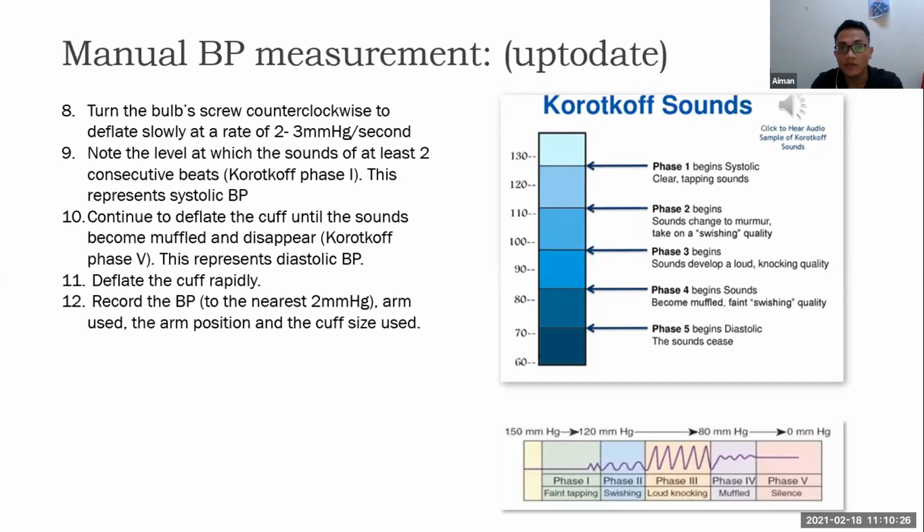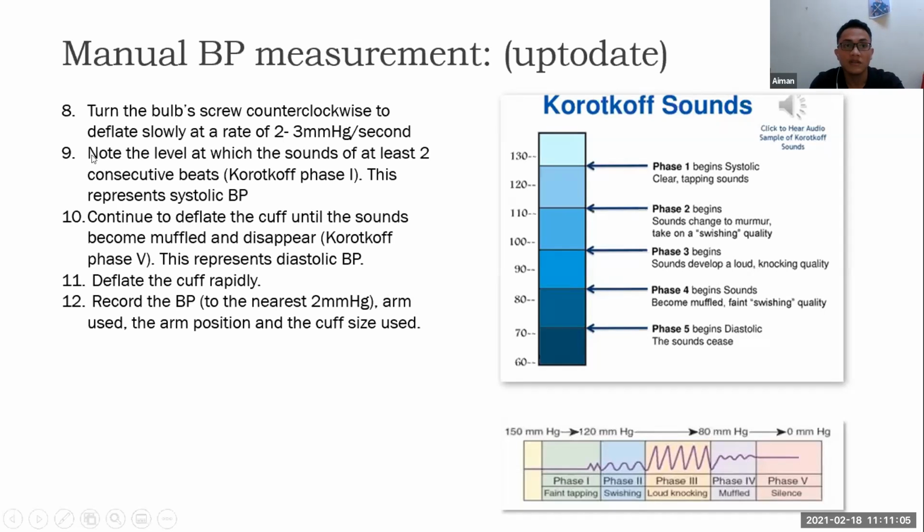So these are the 5 Korotkoff sounds, where first we have to make sure that we hear the first sound, which is phase 1, where the systolic sound is heard. And then the diastolic sound is taken at phase 5, where the sound ceases. So there is no sound you can hear at phase 5. So that we can take the systolic and diastolic blood pressure.